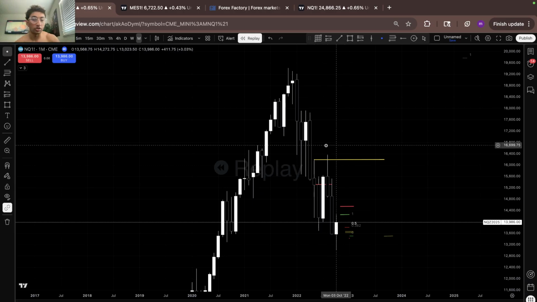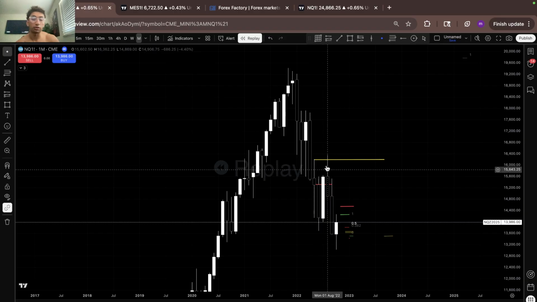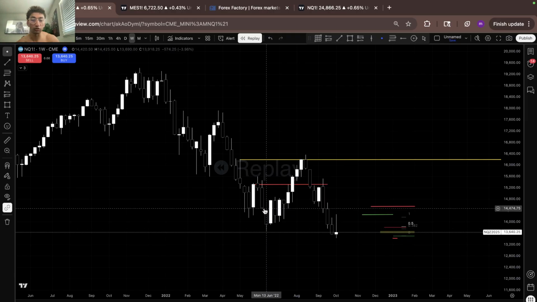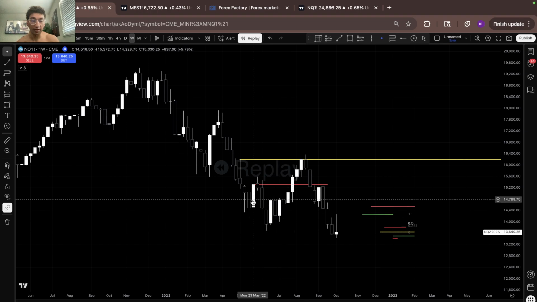So how do we know we're not just taking out a weekly high or like what monthly high we're targeting? So we have this weekly bearish order block, this up move before this down move. Once we close through it, right? This is in May. Once we close through it, I mean, June did nothing here, right?